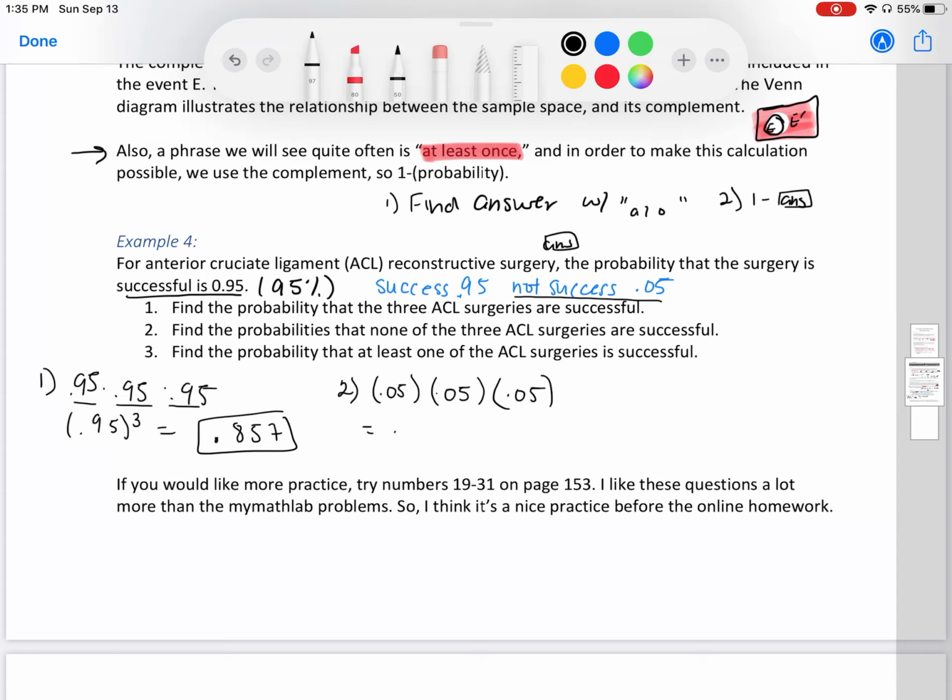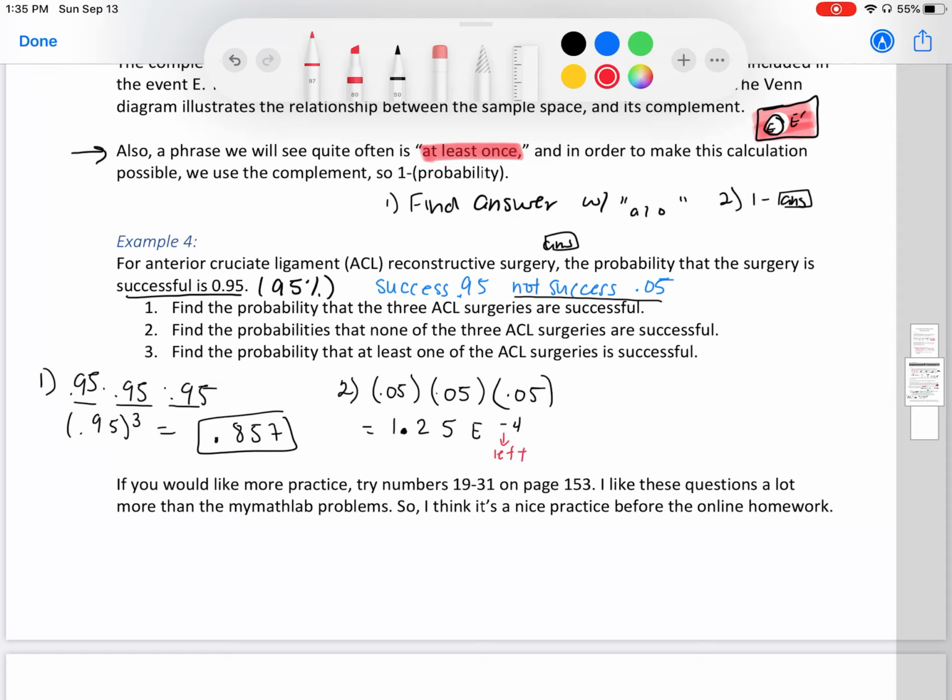You'll get 125, I'm sorry, wrote the decimal wrong. 1.25, you'll get an E negative 4. So it's giving you scientific notation. Because you have a negative, you have to take your decimal and move it to the left.